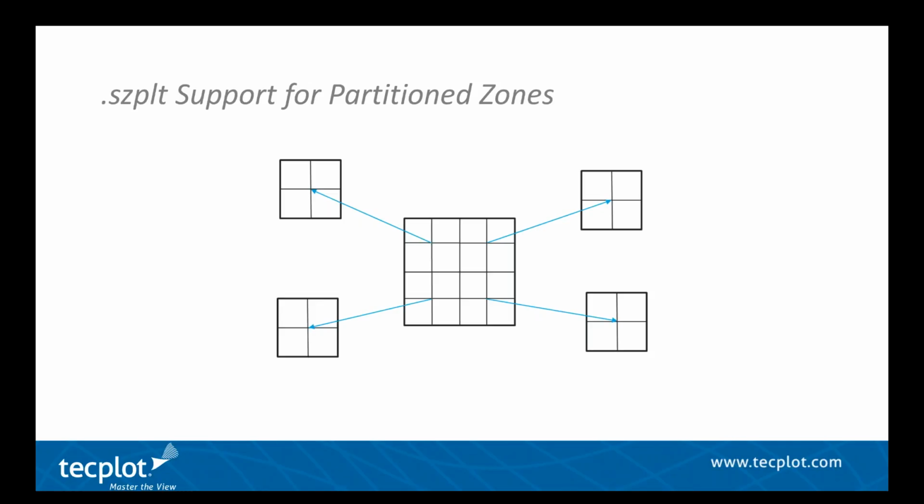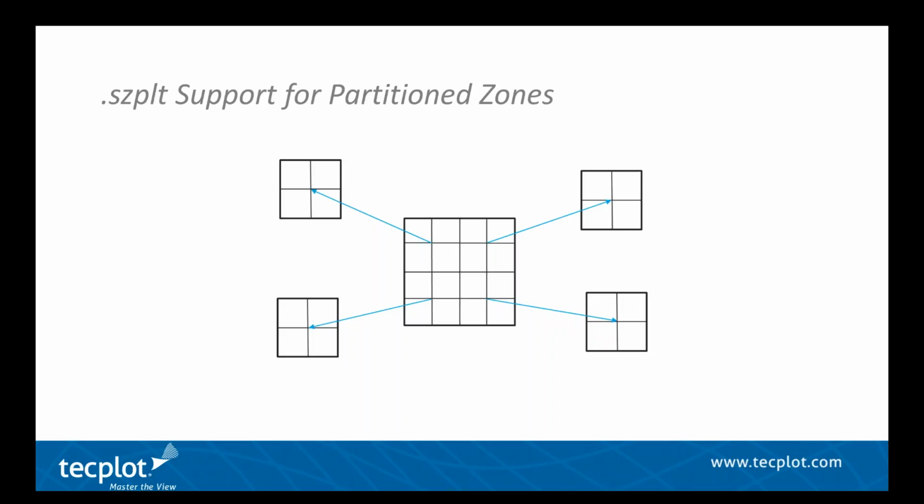Now for SZPLT files, we have added support for partition zones, both finite element or unstructured, and IJK ordered or structured grids. This is a common scenario in massively parallel computations. You may start with a single zone out of your grid generator, but you then partition that out into different pieces, each of which is calculated on a different MPI rank or process.